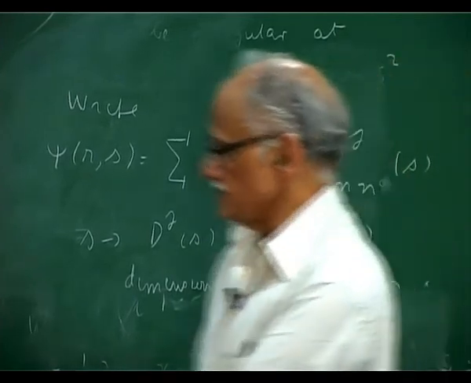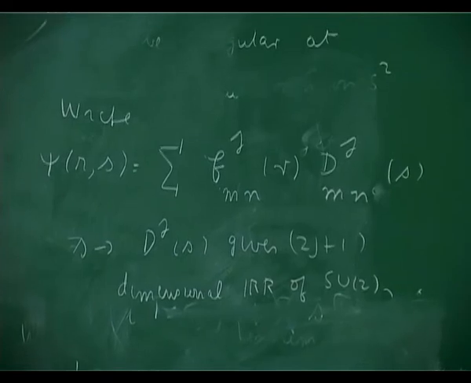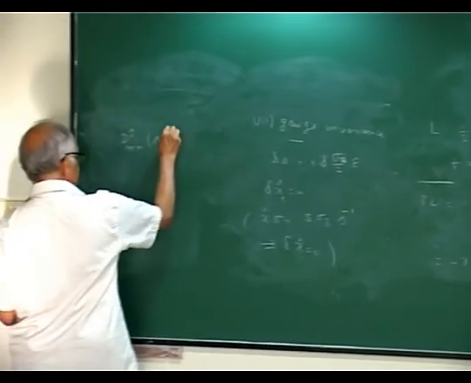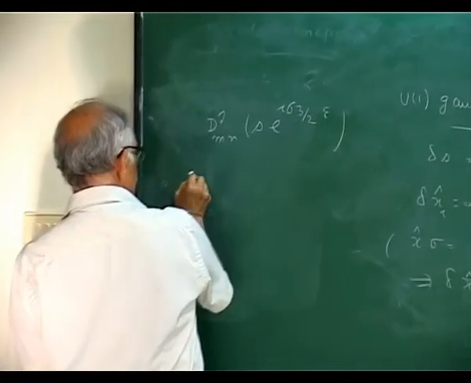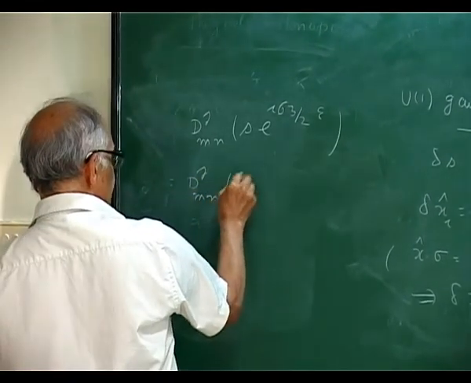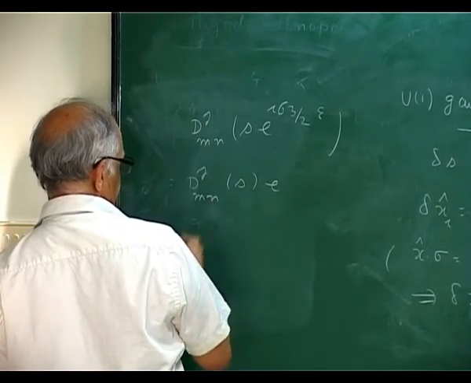Now what does this equation say? The constraint says that D^j_mn of S times exponential i sigma 3 over 2 epsilon is D^j_mn of S times exponential i m prime epsilon.